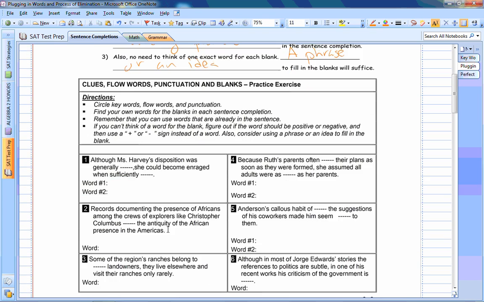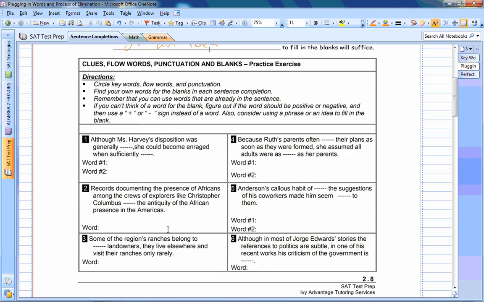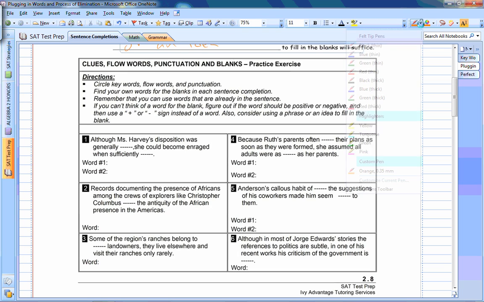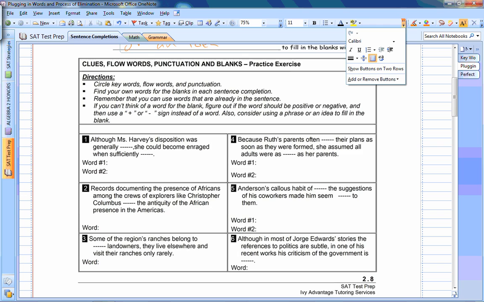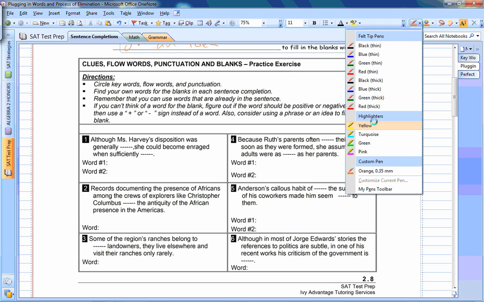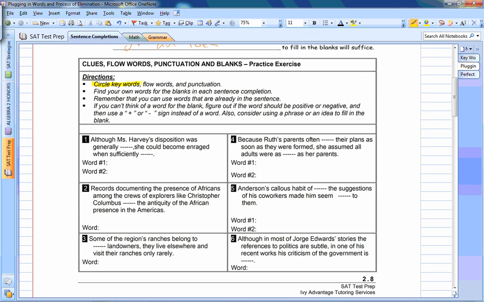Some other things we want to keep in mind before we do these 6 examples below, because we're going to actually plug in words for each of the questions below. Definitely you want to circle keywords, flow words, and punctuation, like we talked about in one of the previous videos.